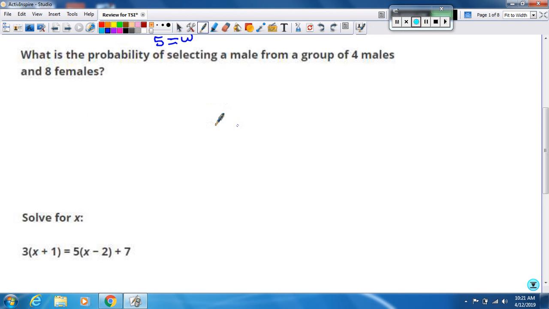What is the probability of selecting a male from a group of 4 males and 8 females? Probability always has the total on the bottom of the fraction, in the denominator.